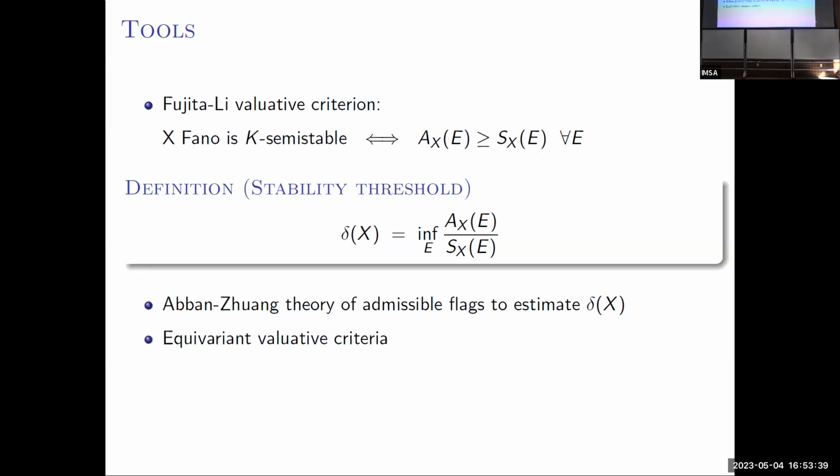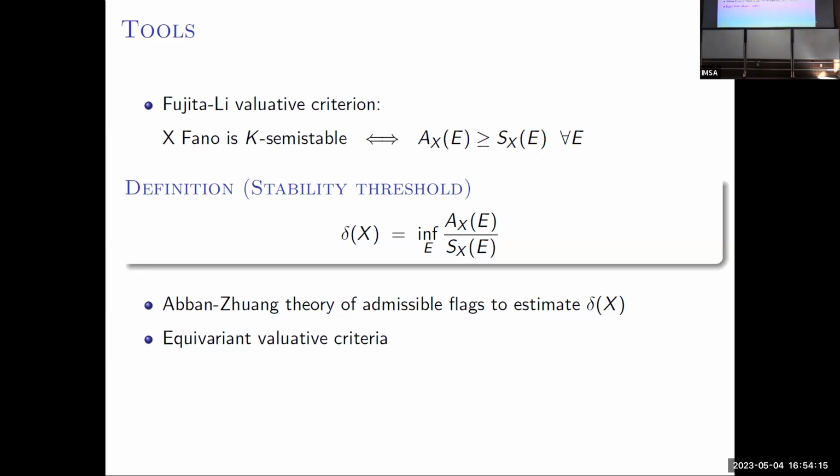Also, something that we explore a lot is that there are equivariant valuative criteria. What I mean by that is that if your variety X has many symmetries, so you can look at the automorphism group of X, then instead of computing this invariant for any valuation or any divisor, it is enough to compute it for equivariant divisors, so divisors that are invariant under the group action.